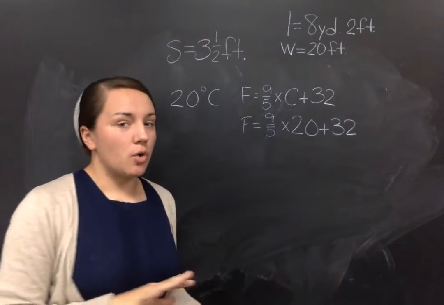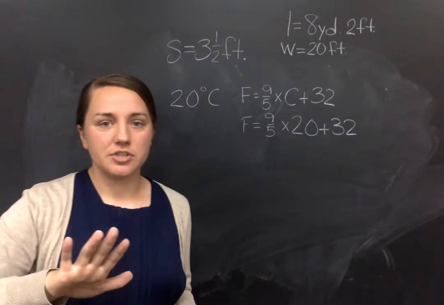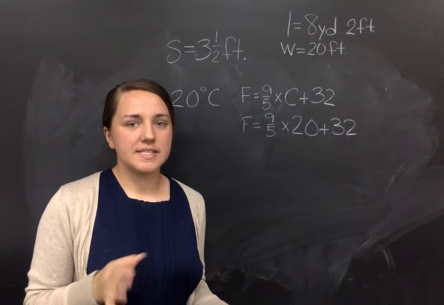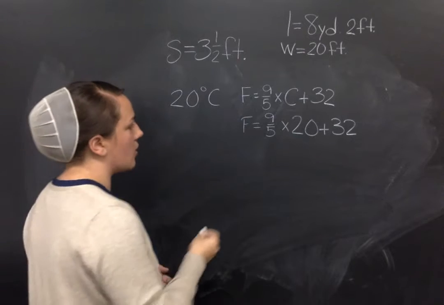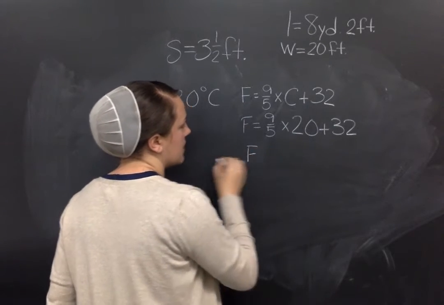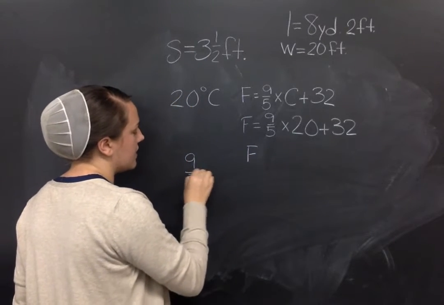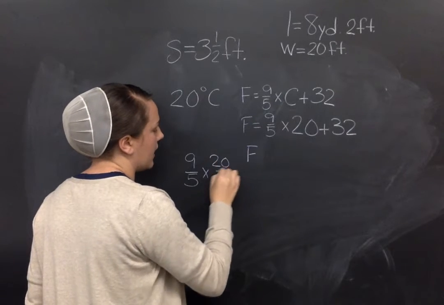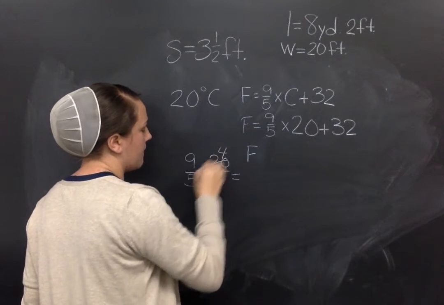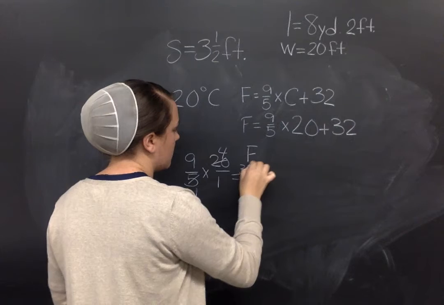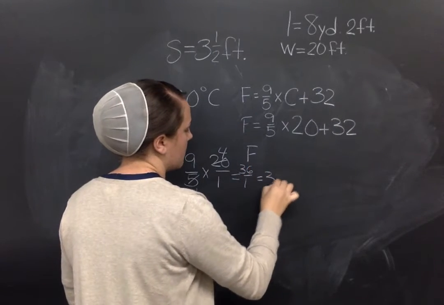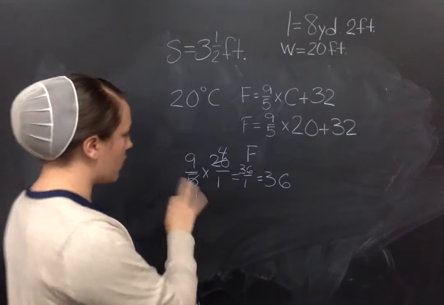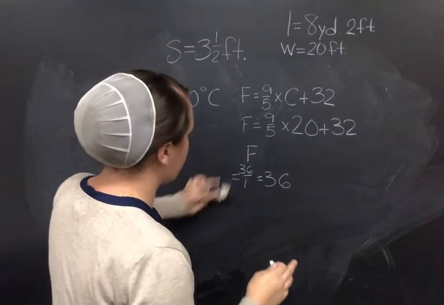Now remember, normally we do our multiplication and division first, unless there's parentheses, then we do that first. So here we have F equals, we have to go 9/5 times 20/1. Okay, so now we have 36 for our multiplication here.